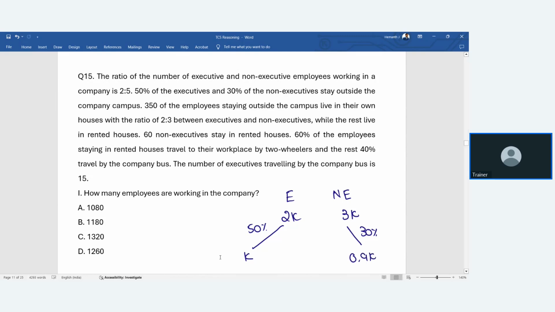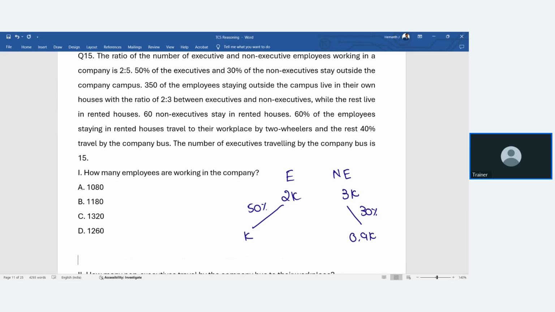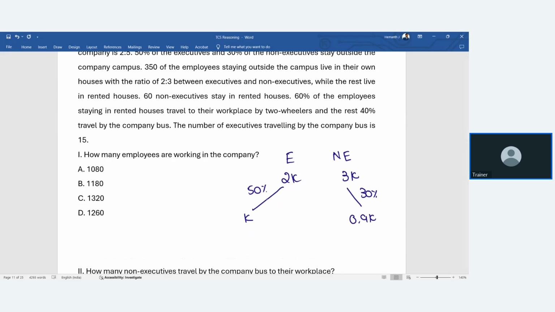These people are staying outside the company, outside the company campus. This is non-executive, this is executive people staying outside.